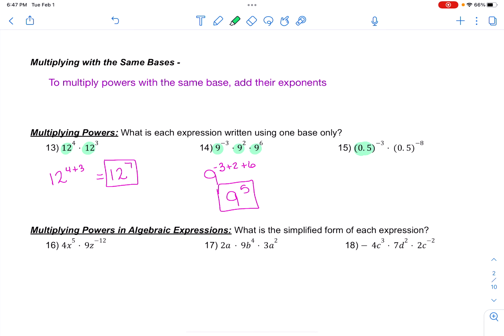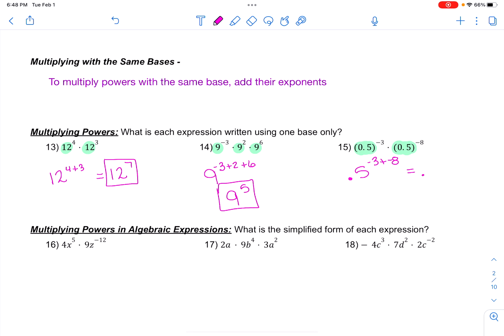And last one like this, we have 0.5 to the negative 3rd and 0.5 to the negative 8. So those bases are the same. So we have 0.5 and we add those exponents. So we have negative 3 plus negative 8, which gives us negative 11.